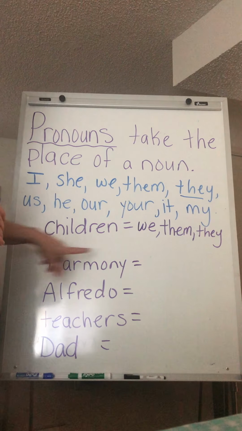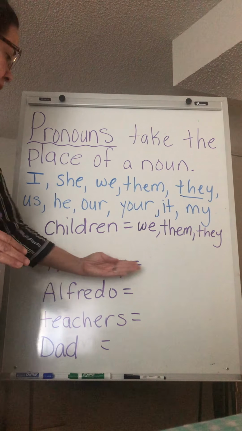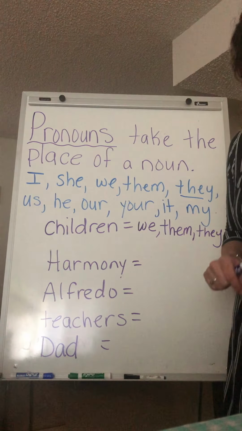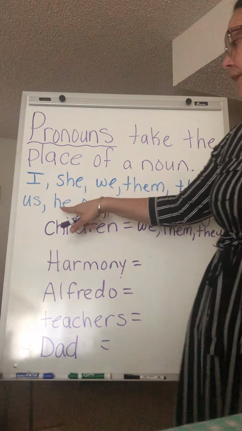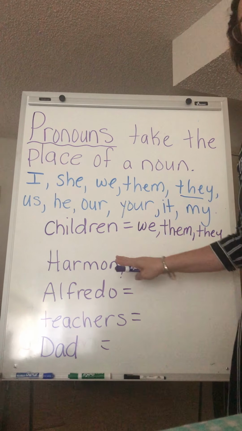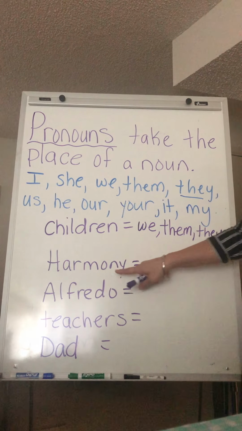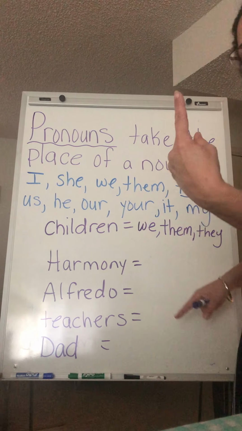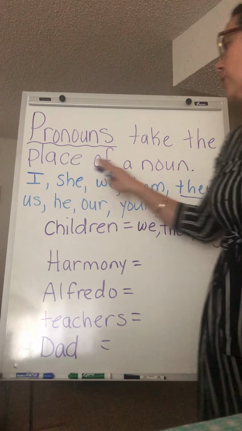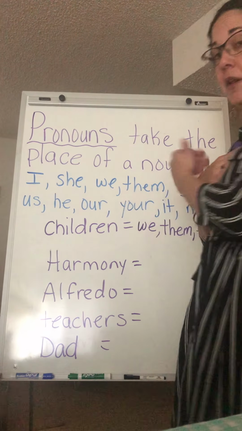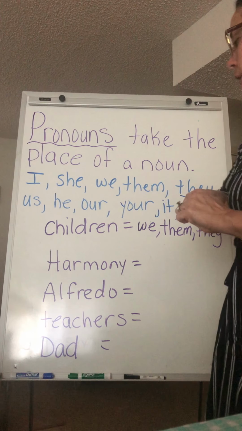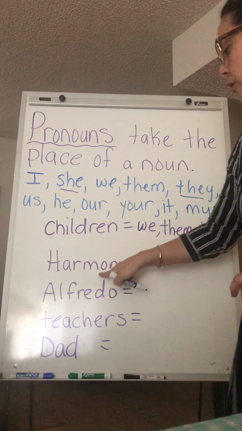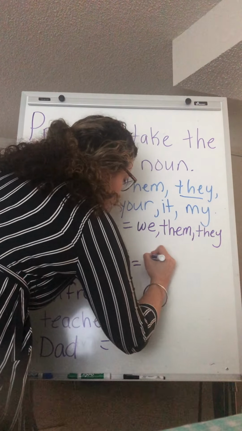Okay? What about Harmony? Well, I know that Harmony is a girl, so I would not use the word he because Harmony is a girl. There's only one Harmony. It doesn't say multiple Harmonies. There's just Harmony, just one. So what word could I use if I was talking about Harmony? I would use the word she because I'm referring to one person, and that is Harmony.